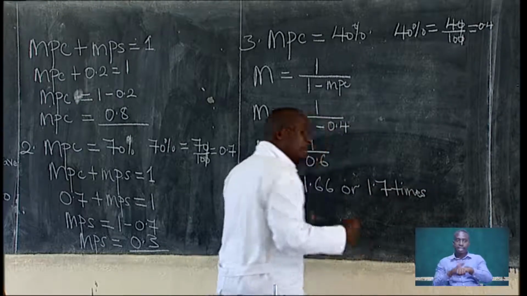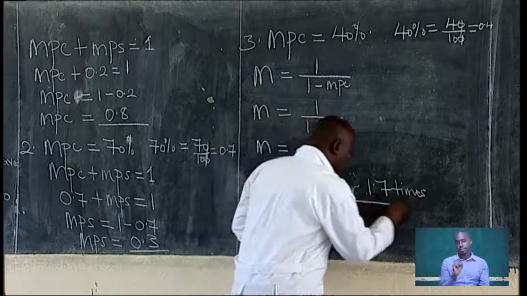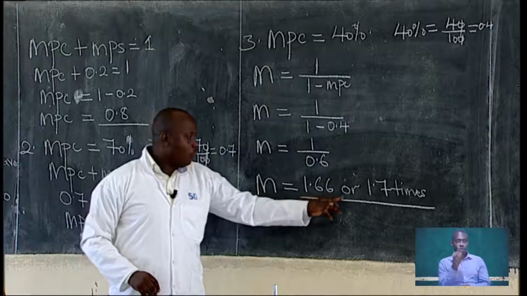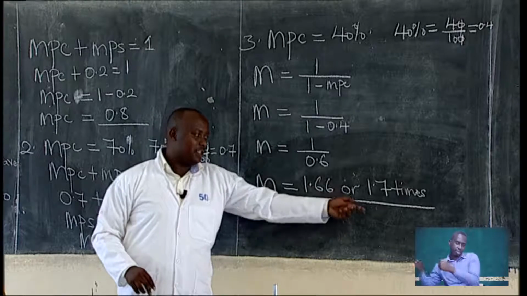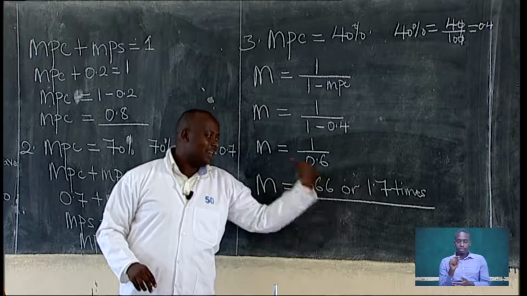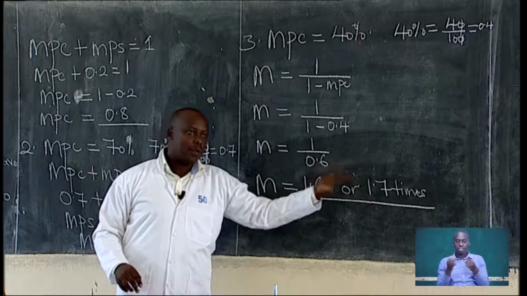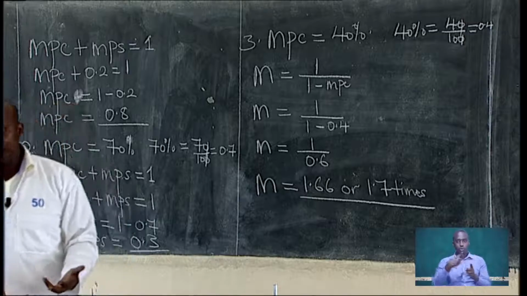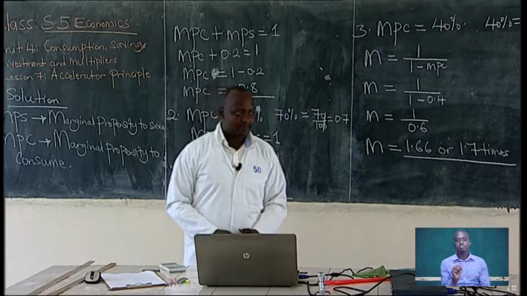Because it is a multiplier, the number of times. If you round off to 1 decimal place, it will be 1.7 times. That is how we get the magnitude of the multiplier.